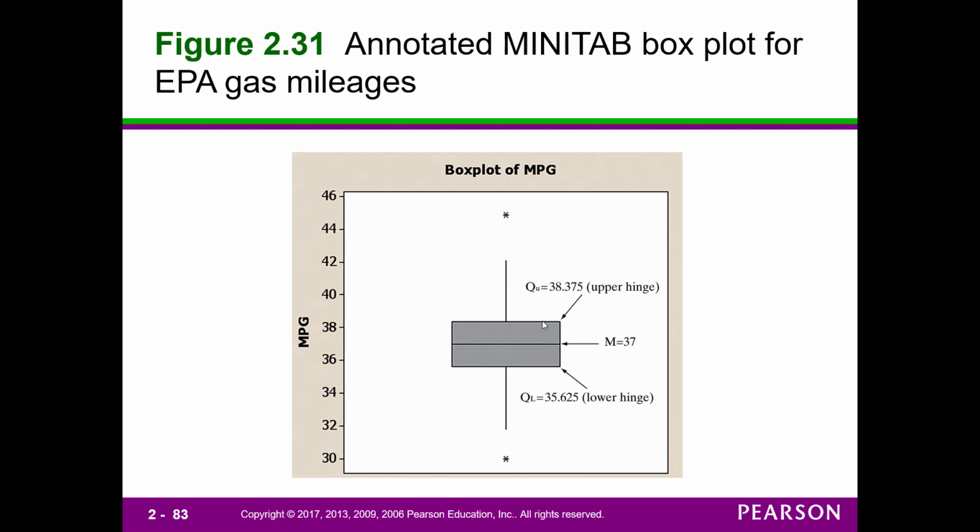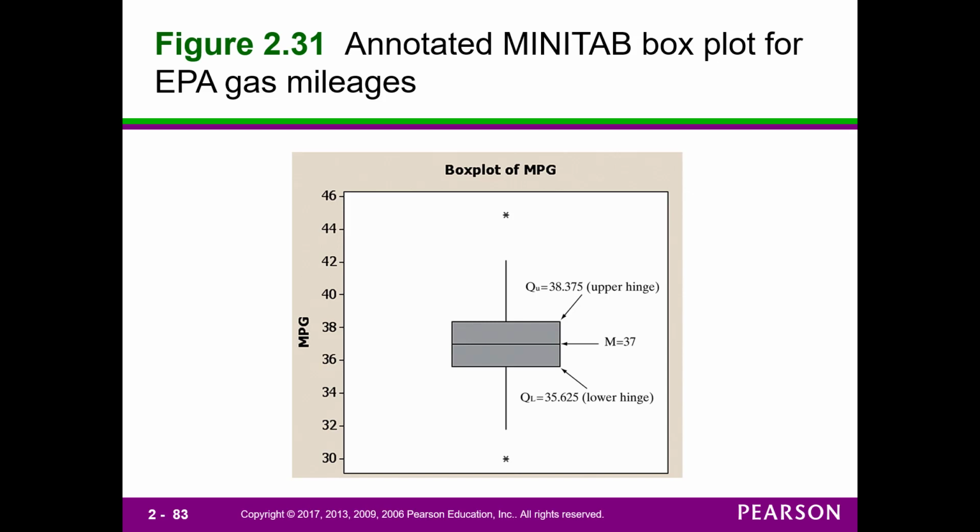Emanating from the hinges of the box are vertical lines, these two vertical lines, called the whiskers. The two whiskers, this and this, extend to the most extreme observation inside the inner fence.